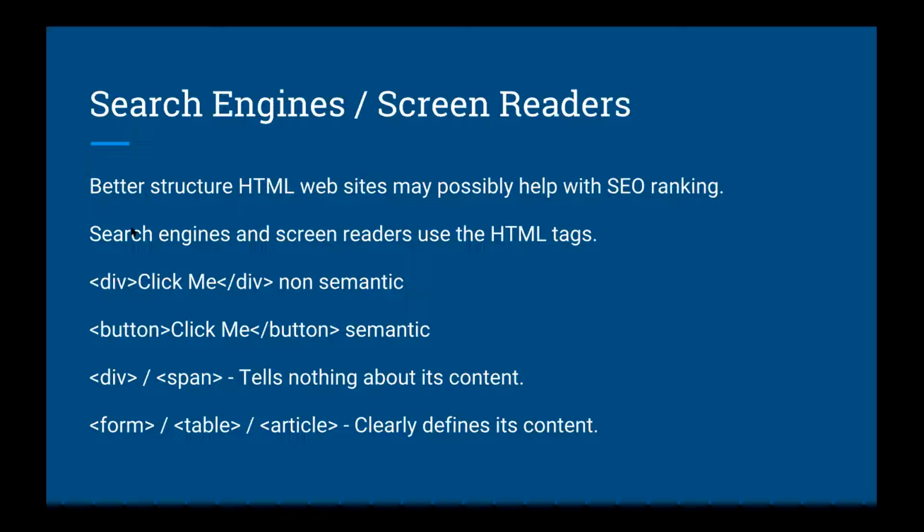You use screen readers to have text read from a tablet. Here, div click me is non-semantic, but if it's got the button, it gives it more semantic meaning as to what it actually is. Div and span tell nothing about their content. If you use form, table, article, etc., they clearly define what the content inside should be.